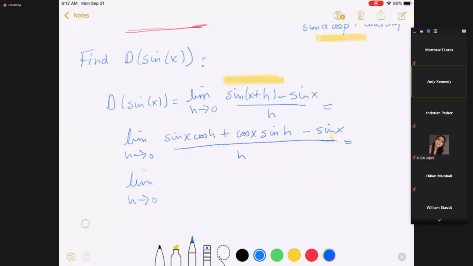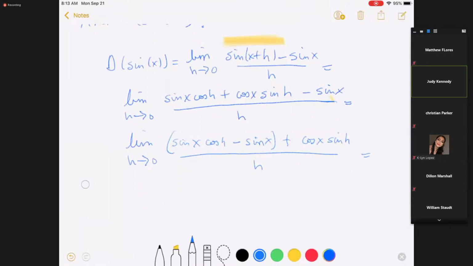Okay, so I want to rearrange things. I'm going to write the numerator in a different way, and then break it into two fractions.